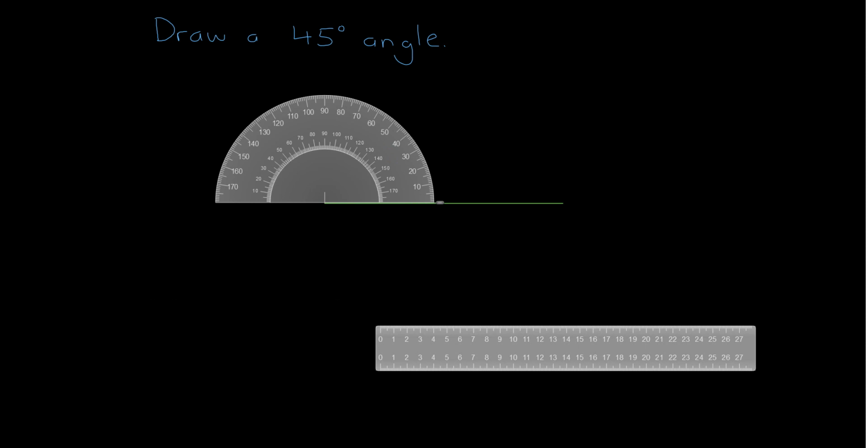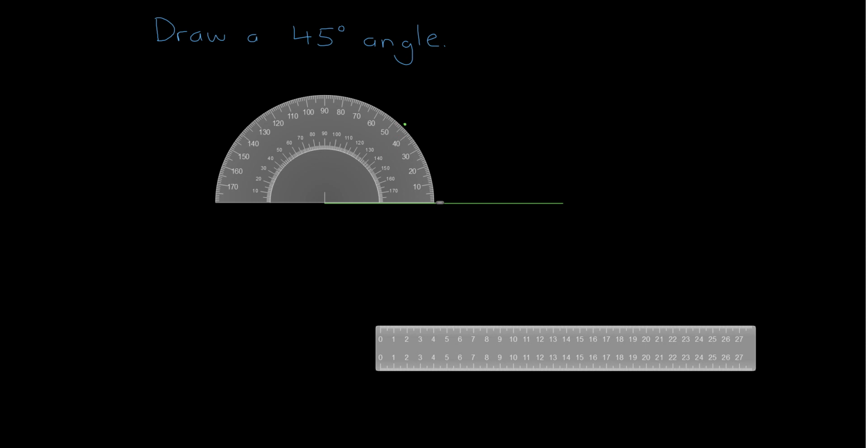And what I'm going to do now is look along my protractor here, and I want a 45-degree angle. So I'm going to go up here till I find 45 degrees, and here it is. I'm just going to make a little mark here. So here's my 45 degrees.